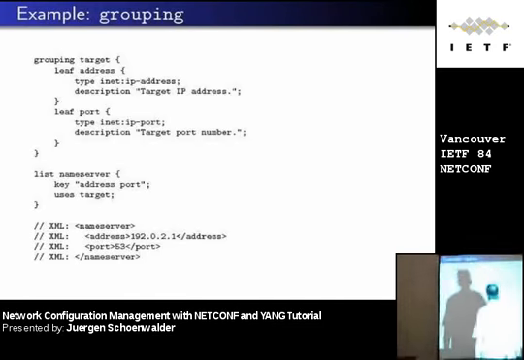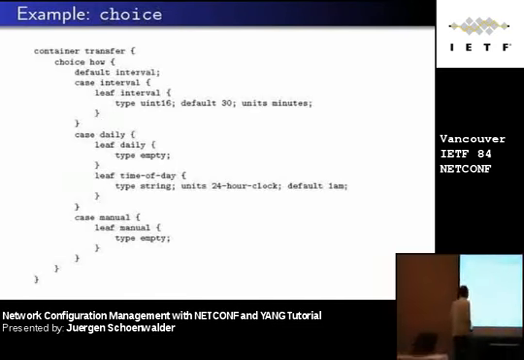The choice. Well, suppose I want to transfer my DNS data to some other place. There might be different ways of running this. I can run it periodically using a fixed time interval, so I need to specify the length of the time interval. Or I just want to do it daily, once every 24 hours, at a certain time of day that I want to specify. Or I want to do it manually, whatever. Or something else that I don't know yet.